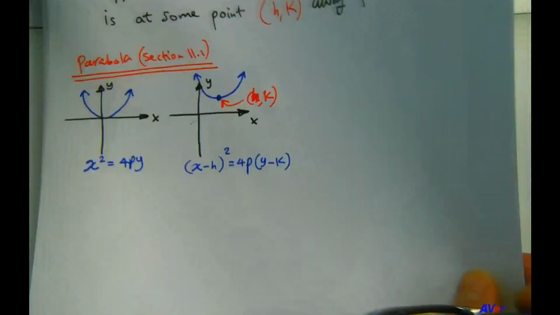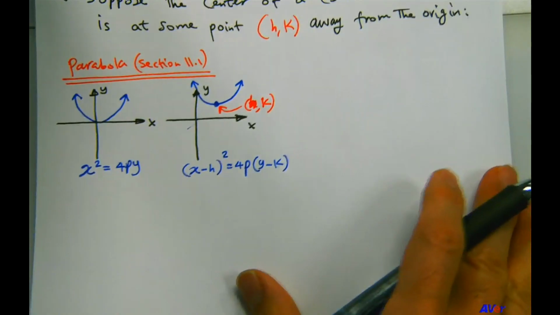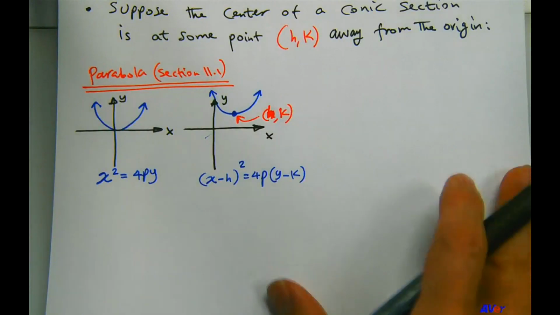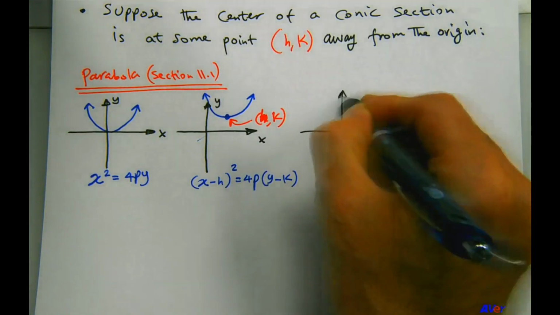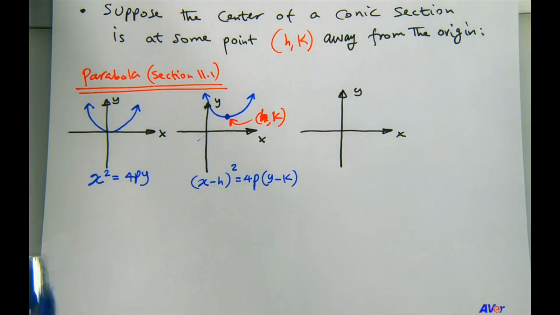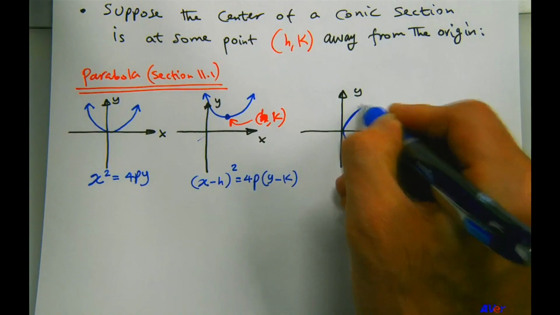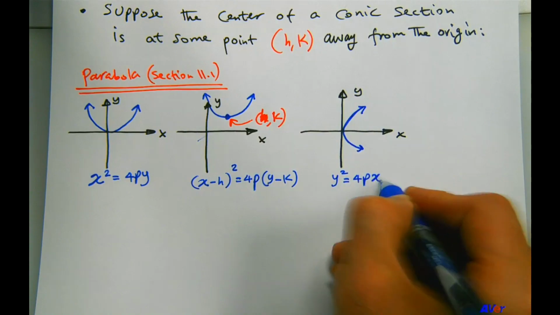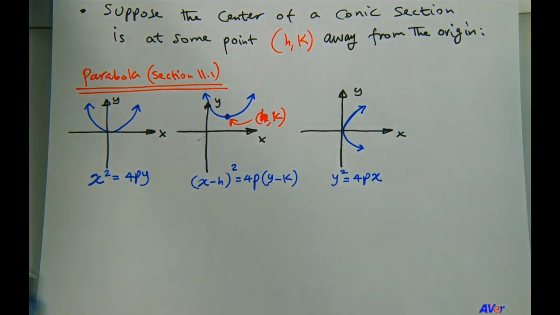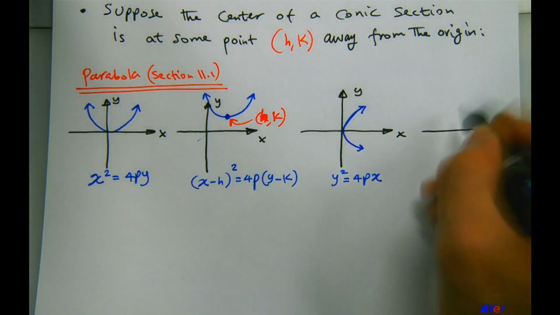Okay. So also we could have a horizontal parabola, something like this. And if we had the parabola going through the origin like this, then the formula for this was y squared equals 4px. All right? Now, what happens when the vertex is no longer at the origin? This formula should adjust, right?